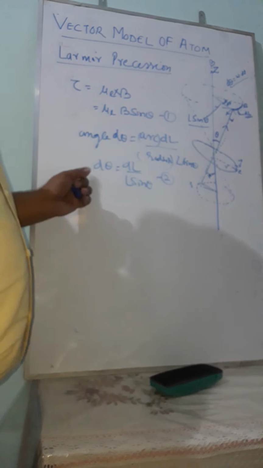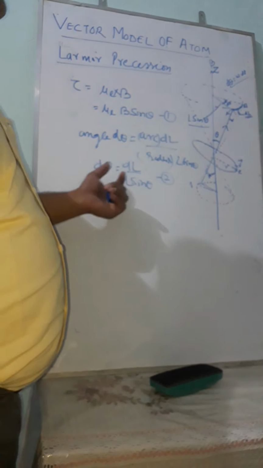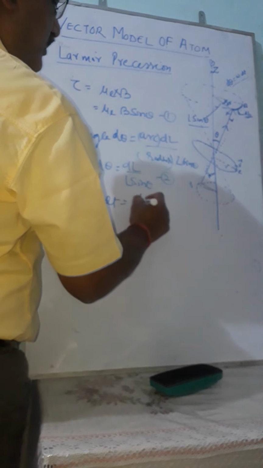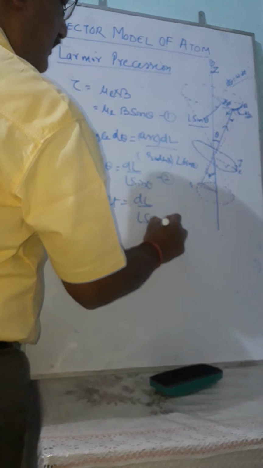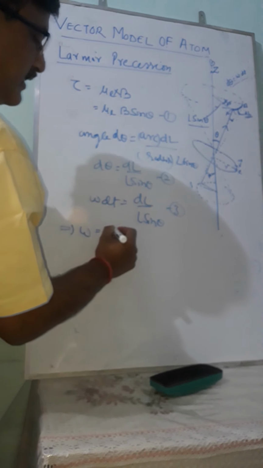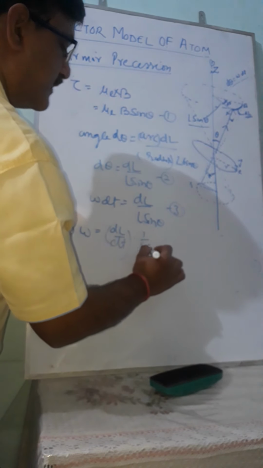Now d theta is equal to omega into dt, where omega is the angular precession frequency with which the tip of the angular momentum is precessing about the z axis. So omega dt is equal to dl upon L sine theta, or omega is equal to dl upon dt into 1 upon L sine theta.